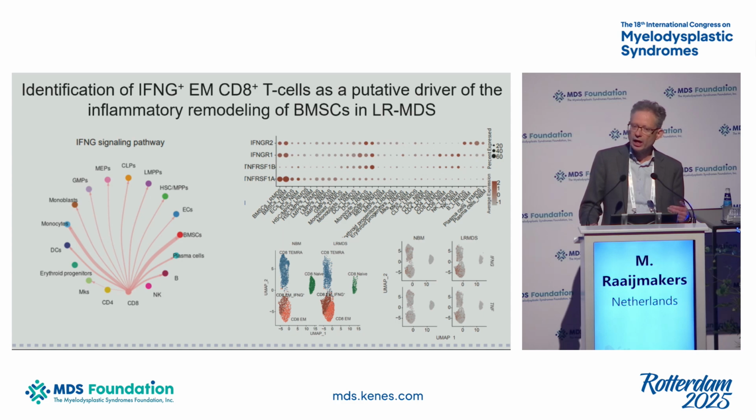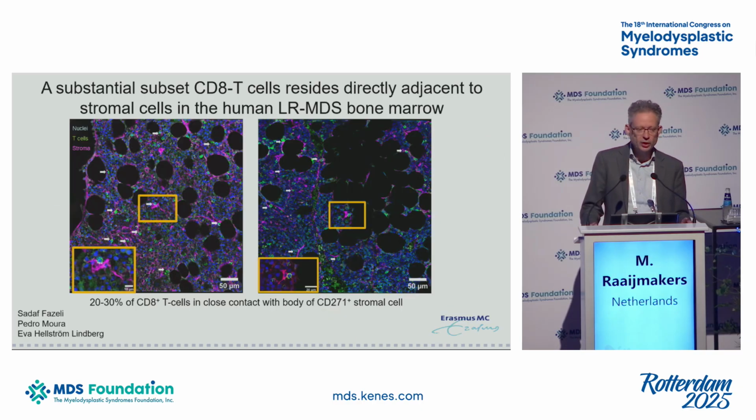And then if you look at where in low-risk MDS are TNF-alpha and interferon gamma expressed, it was in a subset of CD8 T cells. And here we provisionally annotated as a CD8 effector memory interferon gamma high subset of CD8 T cells. This is all predictive. Is there any anatomical substrate to this? So then you can look at the proximity of CD8 T cells and stromal cells in the low-risk MDS marrow.